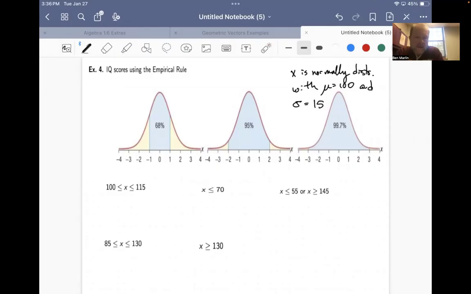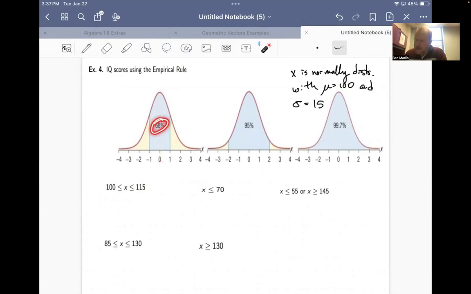We're going to figure out a few different situations. The first situation, that's not just reading it right off the graph, is: what percent of the population is between 100 and 115? Remembering that mu is 100, that puts the 100 at the center.